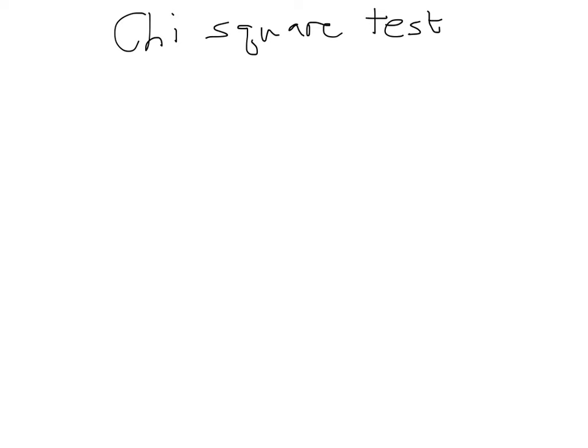So when you have actual numbers of observations, never, ever frequencies or fractions, you use the chi-square test.